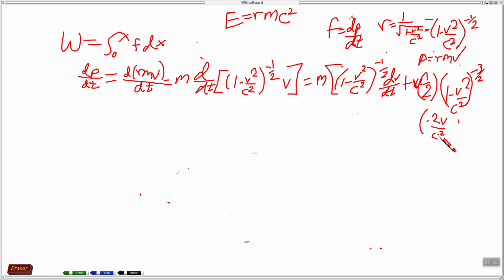We're just going to keep the c squared because c is the speed of light, which is constant. Times dv over dt.